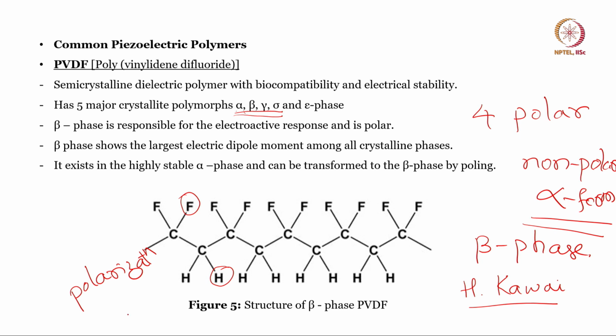So, due to that reason the material shows good piezoelectric properties. Among these 5 forms, the beta phase has the largest electric dipole and that is why it is the most widely used form in biomedical applications.